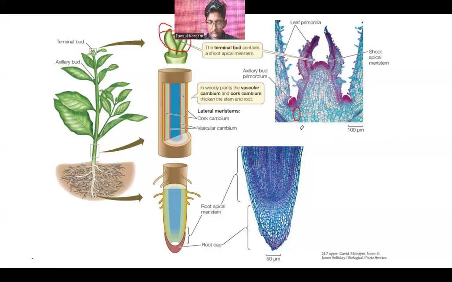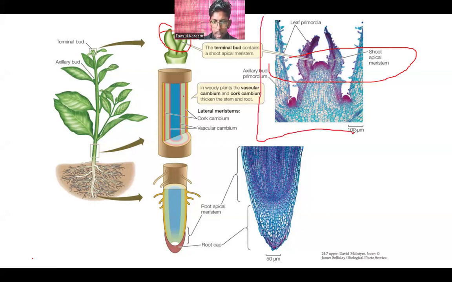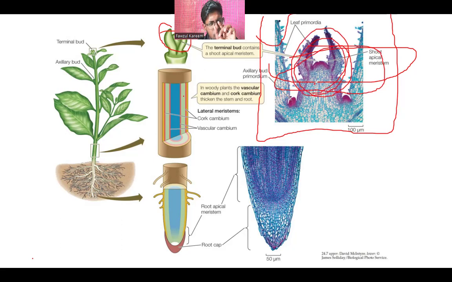These meristematic tissues, my dear, in this area the cells are very small. This is a microscopic view, a real image under the microscope. In this area the cells are very small, but here the cells are very big.